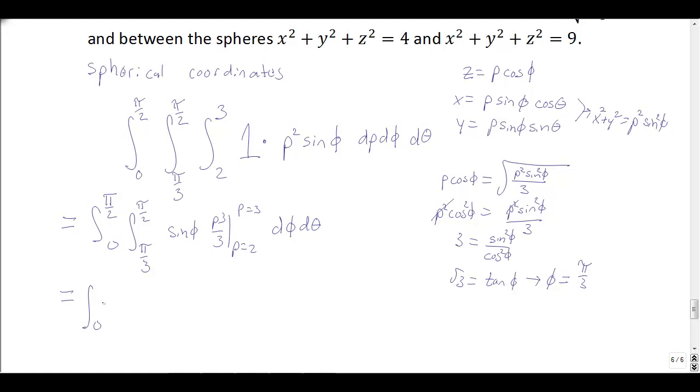Keeping my sine phi, 3 cubed is 27, minus 2 cubed is 8, which gives 19 thirds, d phi d theta.